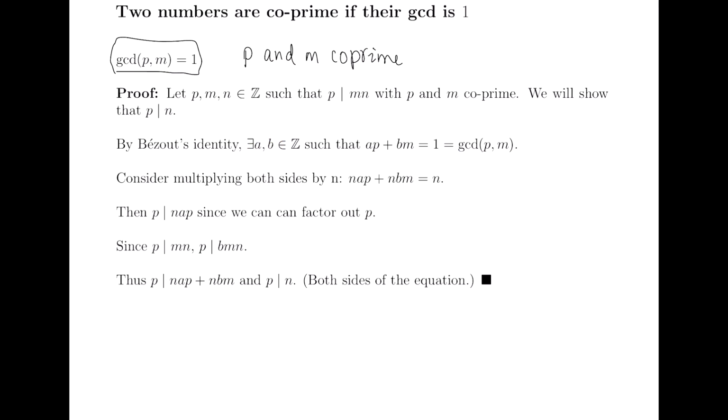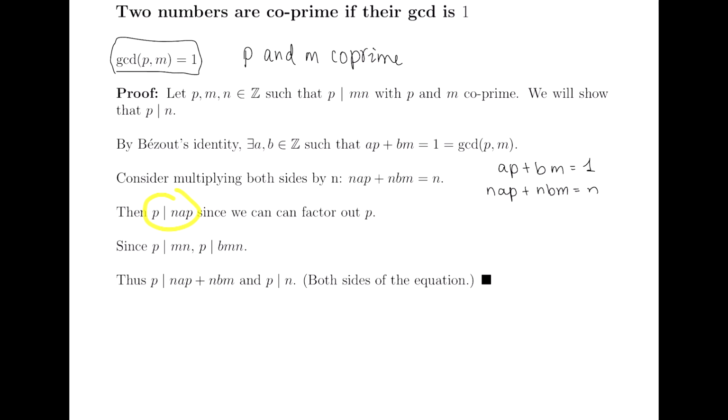Let's multiply both sides of this equation by N. Taking a look, I have AP plus BM is equal to 1. I multiply both sides by N. Now, I can see that NAP is a multiple of P, right?